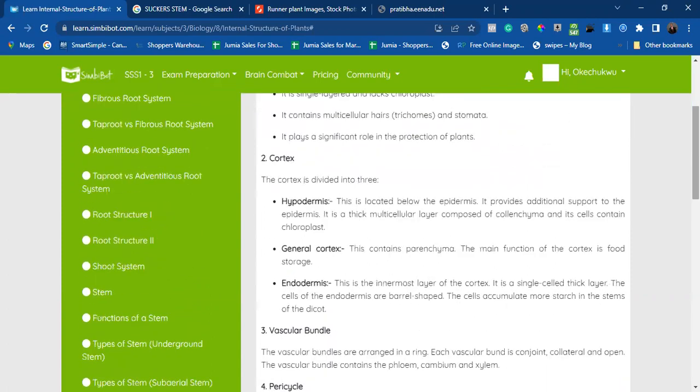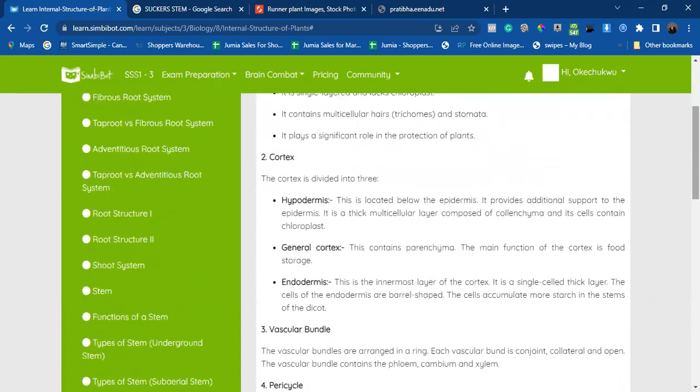Now, the other part of the cortex is the general cortex, which contains the parenchyma, found just below the hypodermis, and the function is for food storage. Then we have the endodermis, whose function is the accumulation of starch. Are you getting it now?